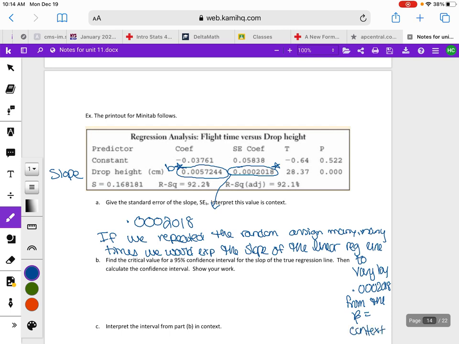To save room I'm not going to put that there, but that's predicting the flight time from the drop height.